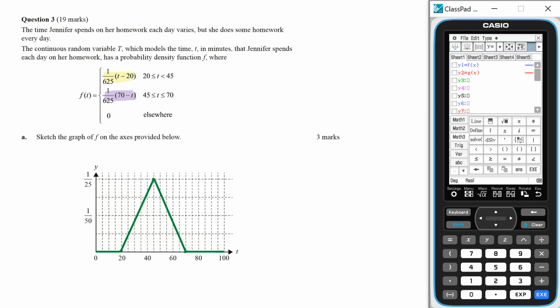F of x is defined from 20 to 45, and g of x is defined from 45 to 70.